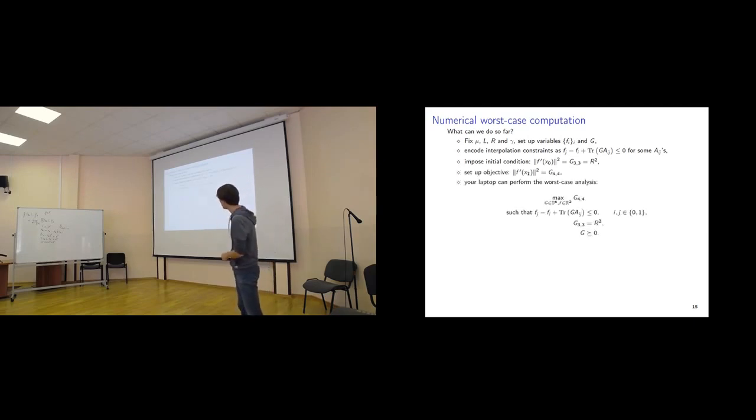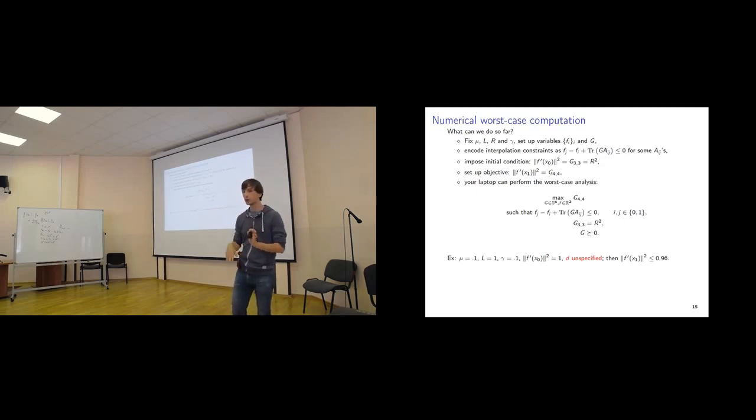Once everything is set up, the computer is able to solve it using a standard solver, and it will give you a numerical value for the worst case. So using those values, the computer certifies that you will never be able to get a worst case bound which is better than this one.